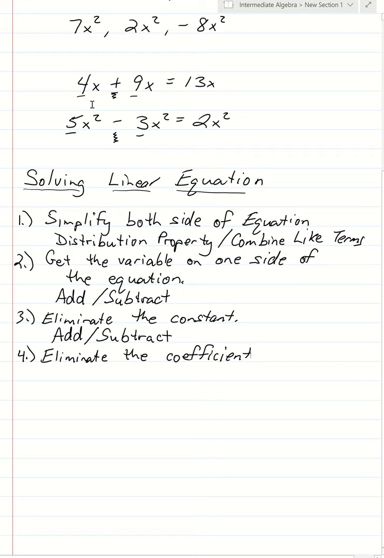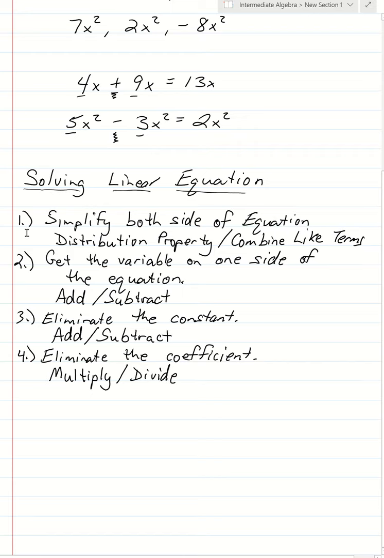If we were to go back up to the original problems, we had coefficients of 4, 9, 5, and of course the -3. Those are the coefficients that we are looking to eliminate. That will help us solve for the variable. And how are we going to do that? Well, we could either multiply or we can divide. Those are our only 2 options.